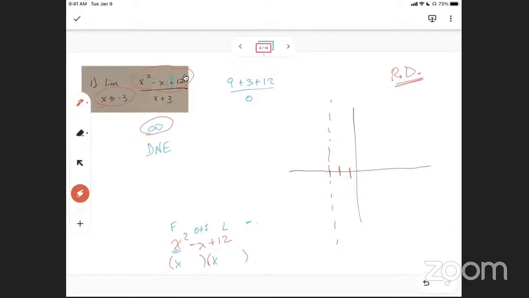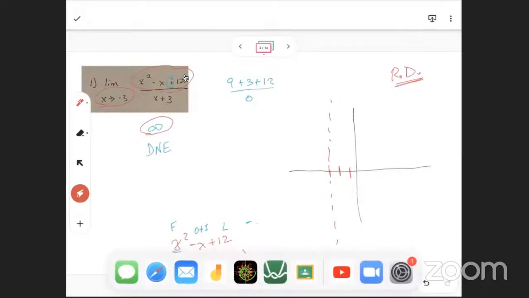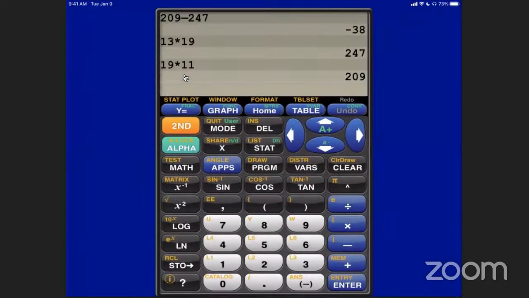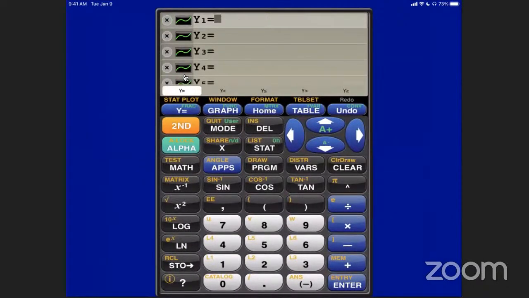Because what's going to happen, let me take a quick look at this on my graphing calculator. If I plug this in, and this is also a good way to do this, use your graphing calculator to figure out what it looks like.